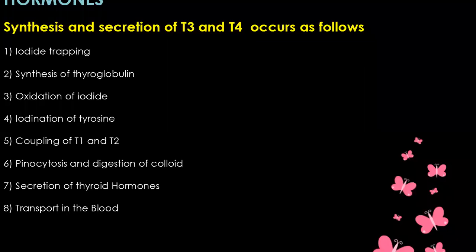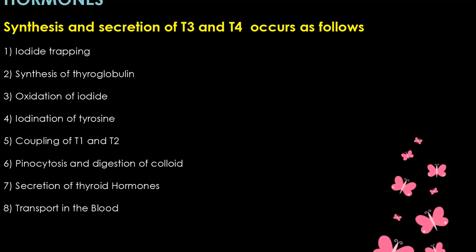Coming to our main topic, formation, storage and release of thyroid hormones. Formation means synthesis, or production of thyroid hormones by the thyroid gland. Storage: the thyroid gland is an important endocrine gland which can store its produced hormones in the colloid. Next, release: whenever our body requires, the stored hormones are released into the bloodstream.